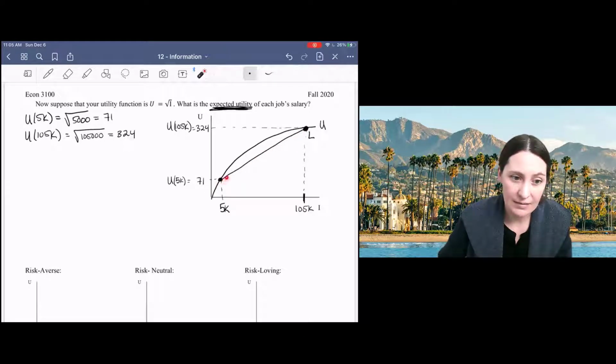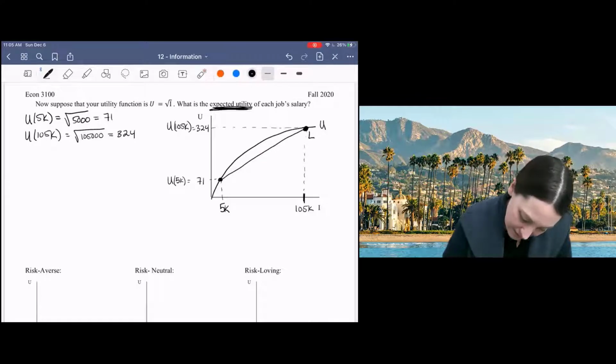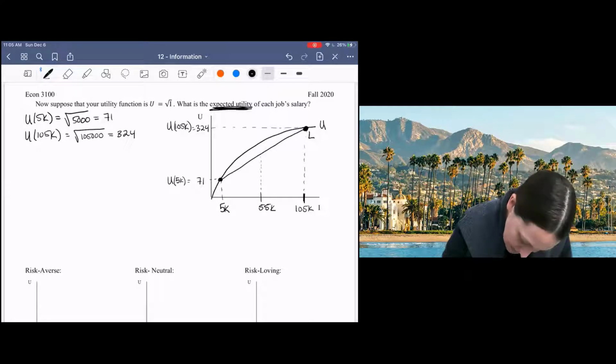Why? Because here's my utility of 71, here's my utility of 324. And what I'm doing when I calculate the expected utility is multiplying those values times their probabilities. In other words, taking a linear combination of the two, right? If the higher one is more likely, I'll be somewhere up here. If the lower one is more likely, I'll be somewhere down here. In reality, I'm in the middle, because we have a 50% chance of each.